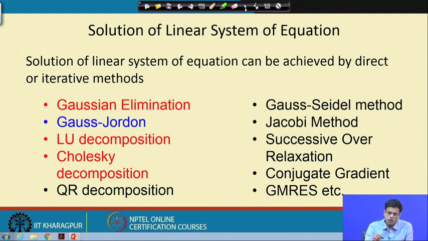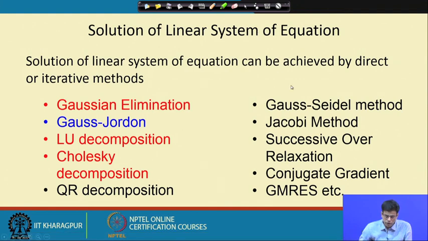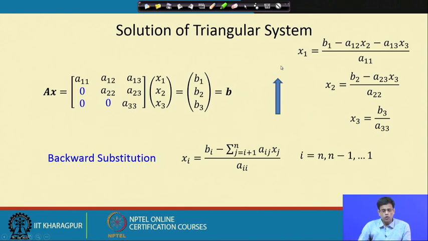Gaussian elimination you all know, but before that, let us investigate how we can easily solve triangular systems of equations. For instance, if the coefficient matrix is triangular of this form, an upper triangular matrix, multiplying the vector x1, x2 and x3 with right-hand side b1, b2, b3, we want to find the solution x1, x2 and x3.